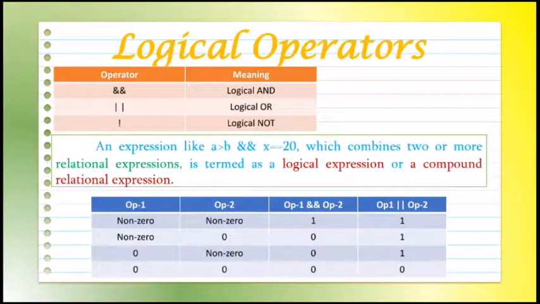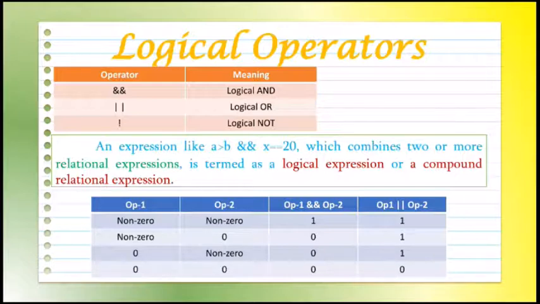So here, if the first operand is non-zero and the second operand is also non-zero, then the operation of AND will be 1, and the operation for logical OR will also be 1. Next, if the first operand's value is non-zero and the second operand's value is 0, then logical AND will be 0 and logical OR will be 1.